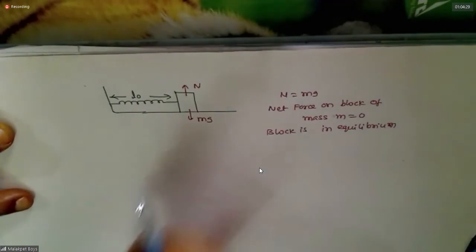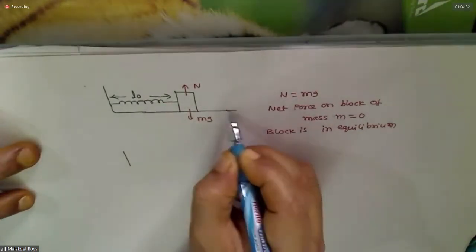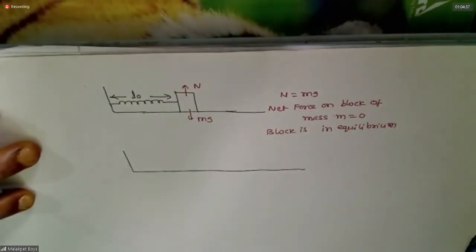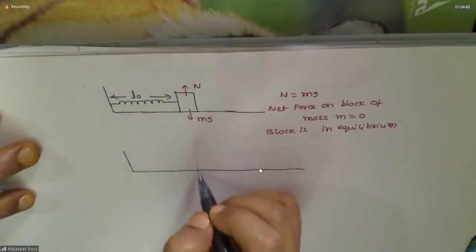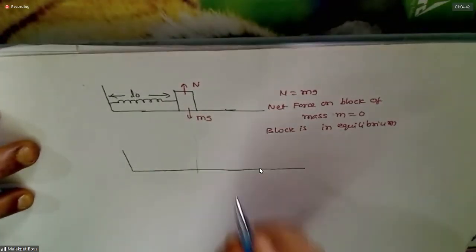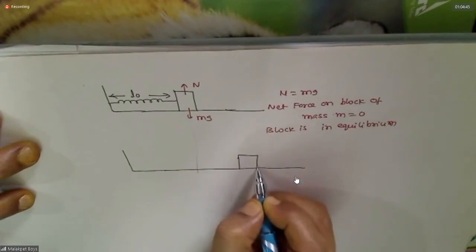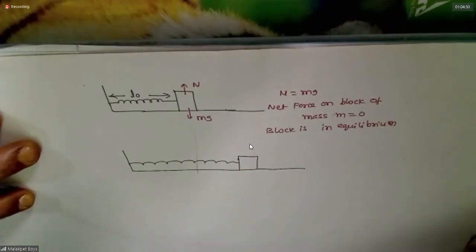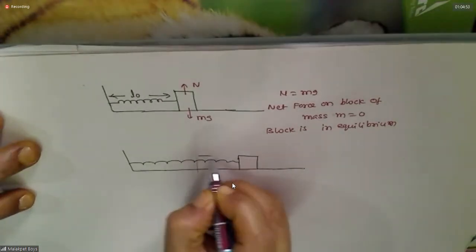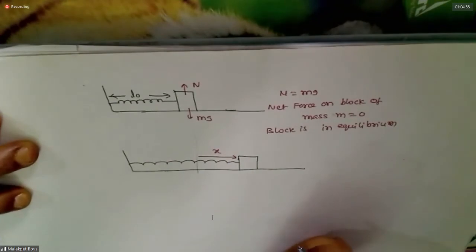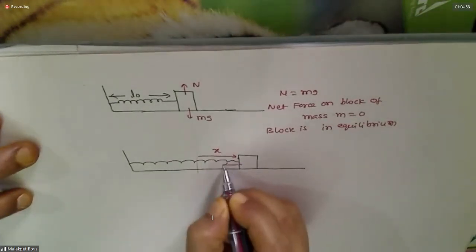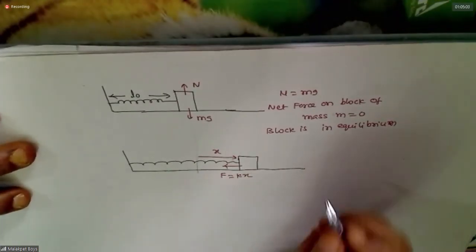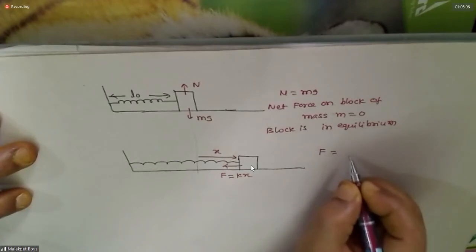Now from this equilibrium position, you are extending this. That means you have extended by x. Now what is the force on that? There is a spring force here, no? Yes, sir. Now you can see F is minus kx.